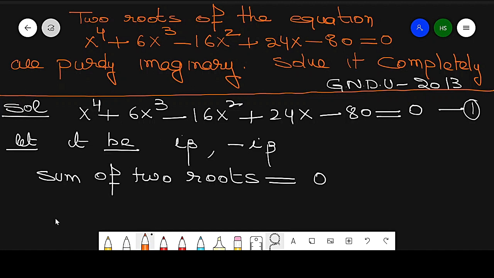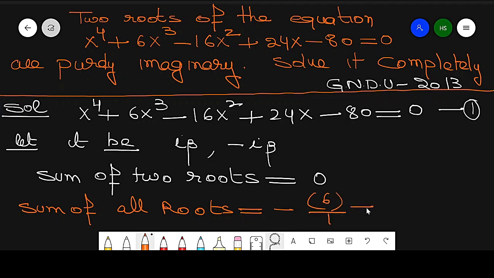Now we will find the sum of all roots. The sum of all 4 roots is minus 6 over 1, so this is minus 6.